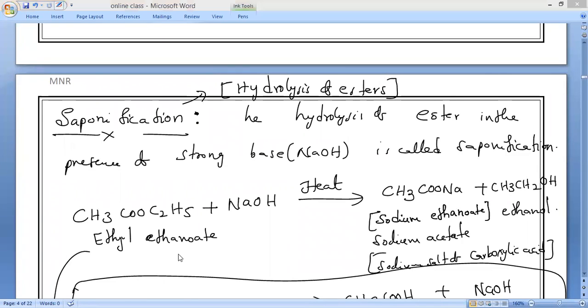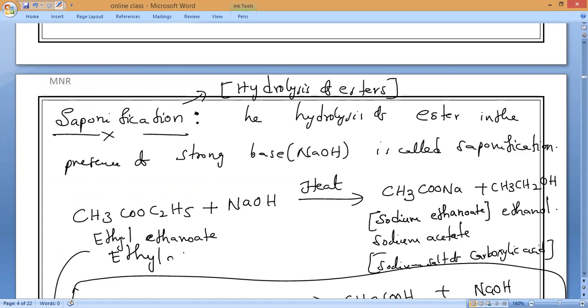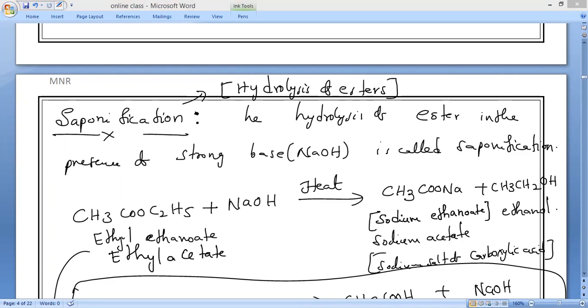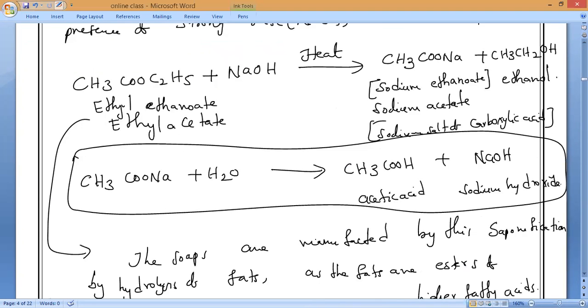For this also remember, ethyl ethanoate, or we say ethyl acetate. As the NCERT book gives both ethyl acetate and ethyl ethanoate, learn both names so that no confusion will come. Any doubt, anybody can ask me.